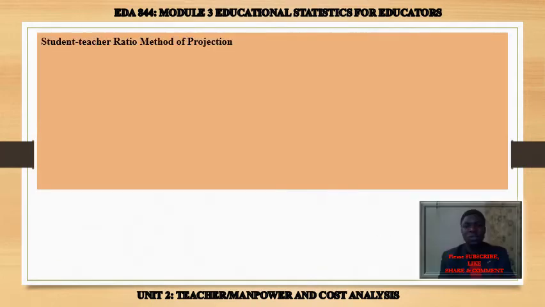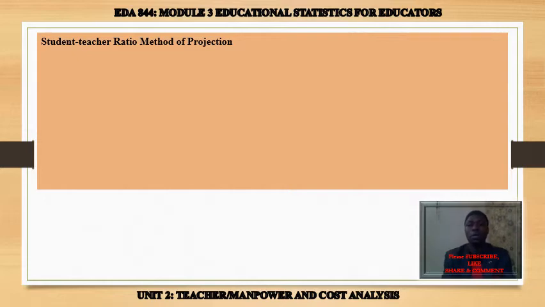Let's begin with the first one, student-teacher ratio method of projection. In our previous discussion, we stated that the student-teacher ratio simply means the number of students that will be taken by a teacher.